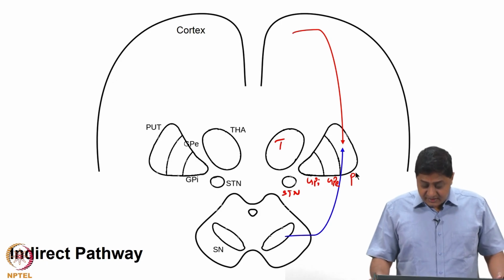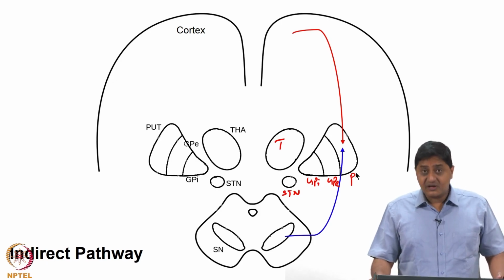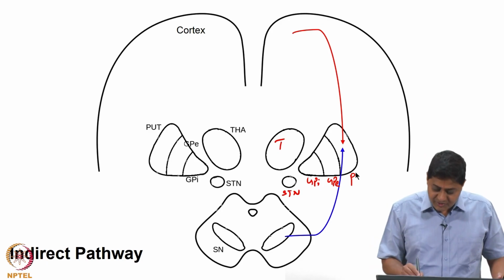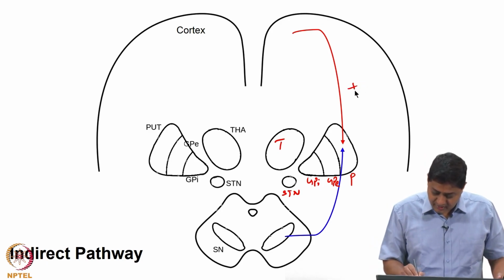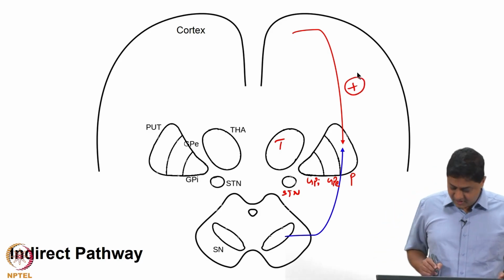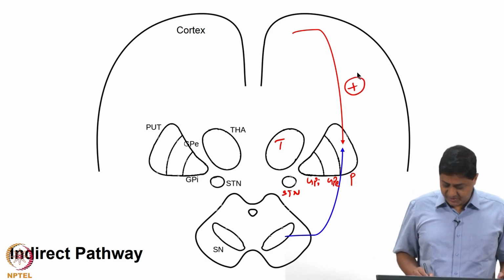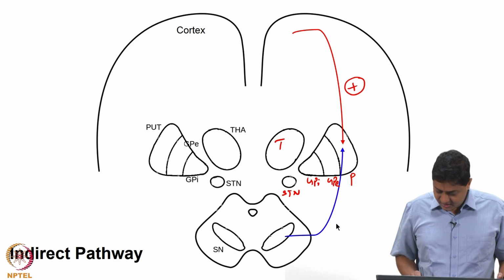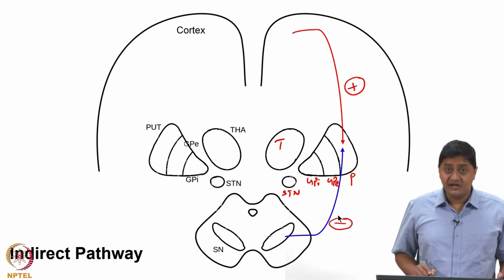So, essentially the input coming from the corticostriatal neurons continues to be excitatory. However, note the color of the arrow coming in from the substantia nigra pars compacta, that is actually blue, that means it is inhibitory.